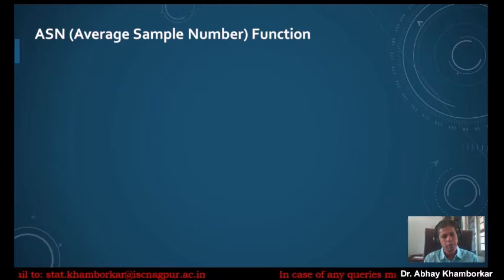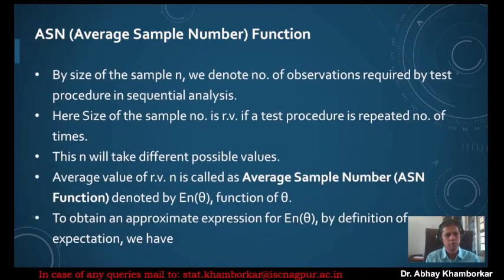That means if we repeat the same experiment number of times, the sample number or the sample size may vary, and that is because it depends upon the certain criteria, whether to continue the sampling procedure or whether to terminate the sampling procedure with the acceptance or rejection of the hypothesis. That means the sample number or the size of the sample is a random variable.